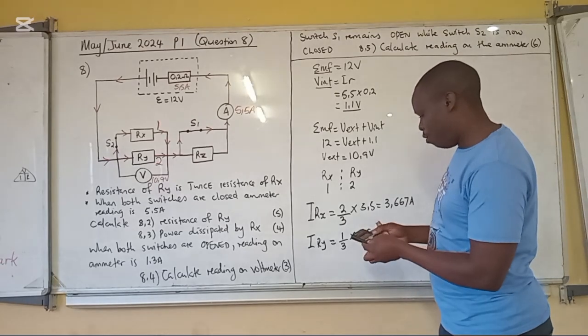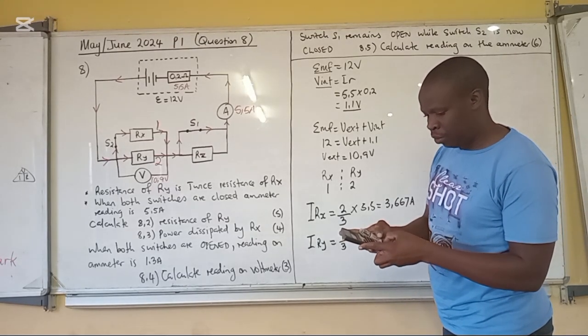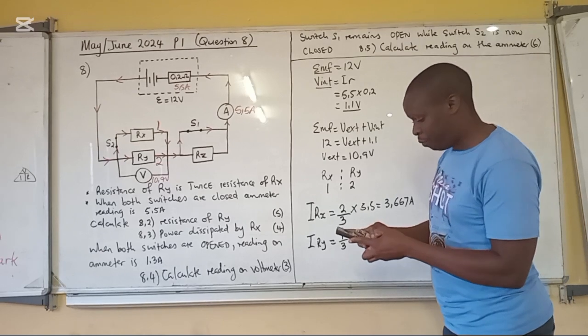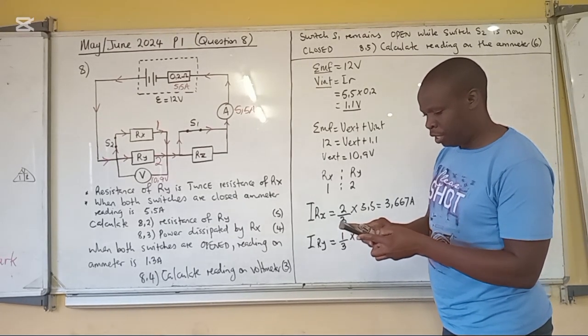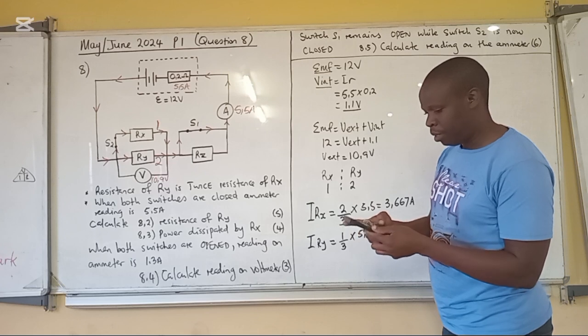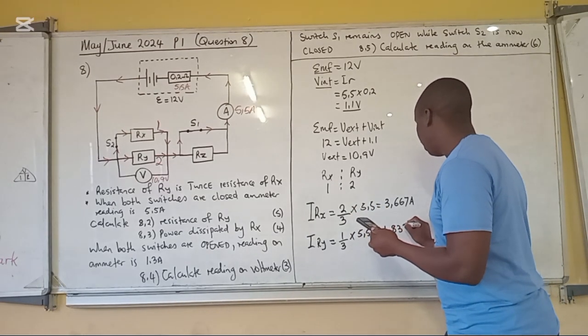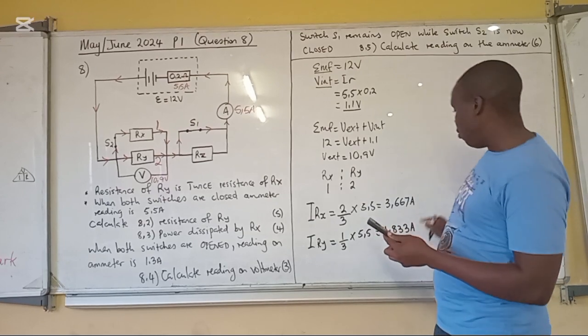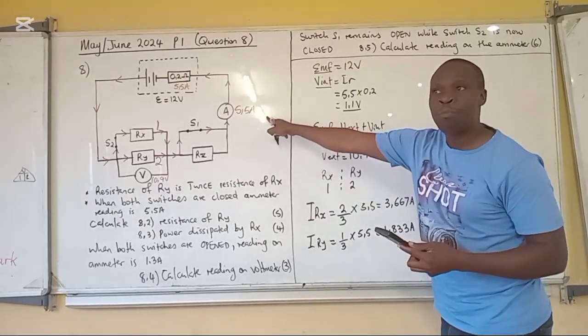So 1 over 3, a third of 5.5, gives us 1.833 amperes. If you add these two amounts, they give you 5.5.